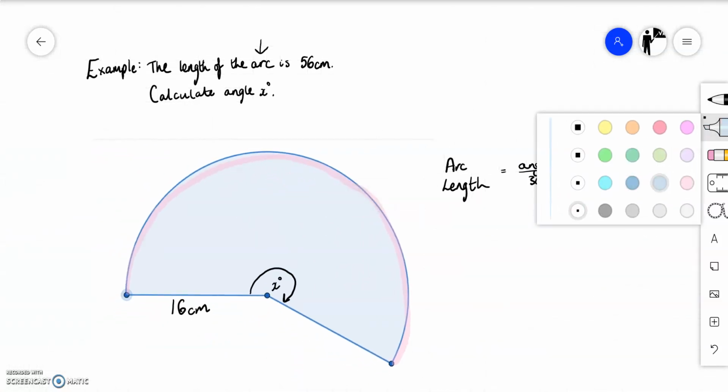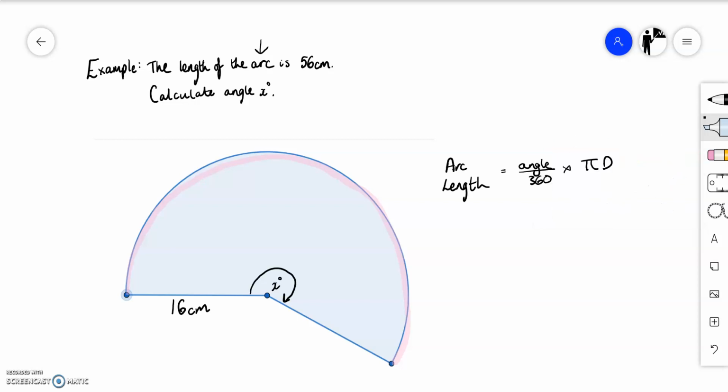This is going to essentially be a rearranging the subject of the formula question, because we're actually told what the arc length is. We're told that the length of the arc is 56. We know that this is 56.